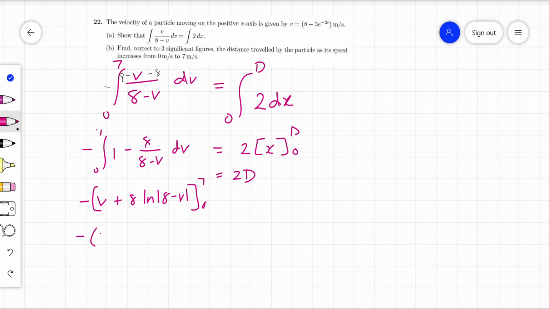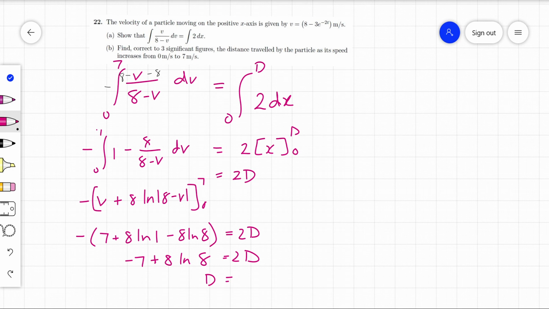So let's sub the 7 in, so we get ln 1, which is just 0, and then sub the 0 in, so we get minus 0 minus 8 ln 8, equaling 2d. All right, so what have we got here? Actually, a minus 7, the middle terms are 0, then we've got minus minus, so positive 8 ln 8, equaling 2d.